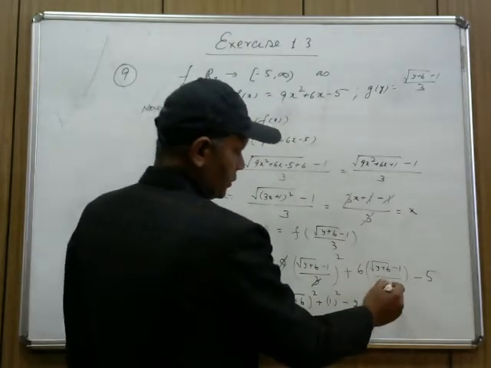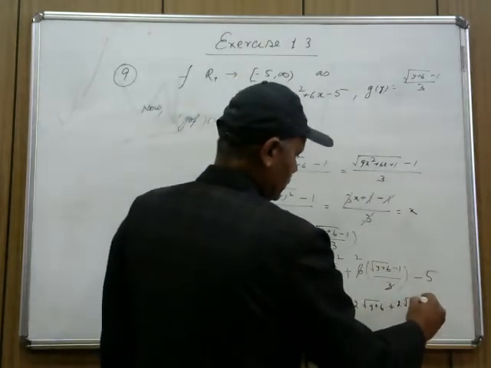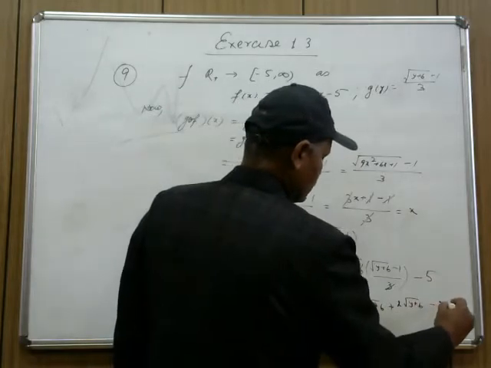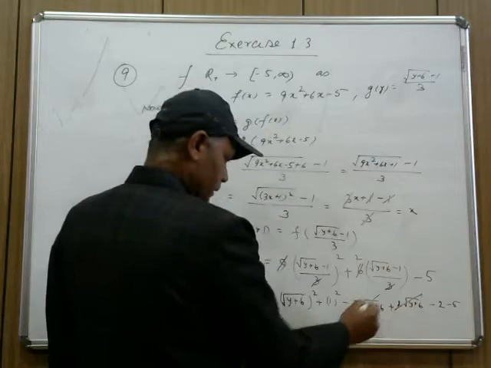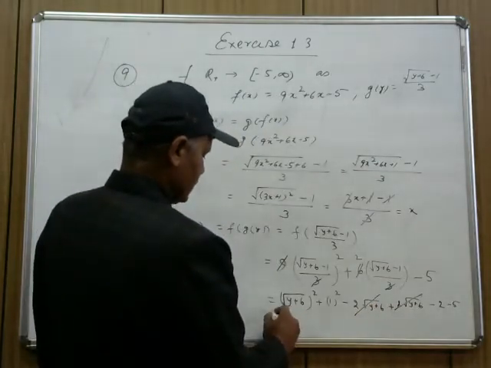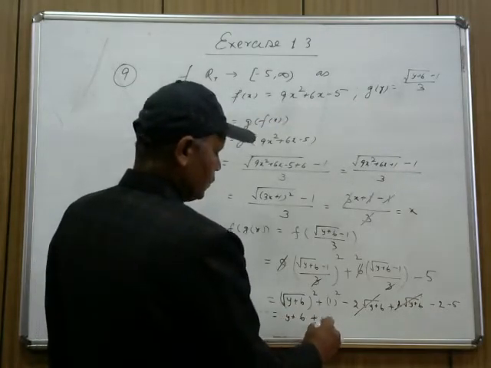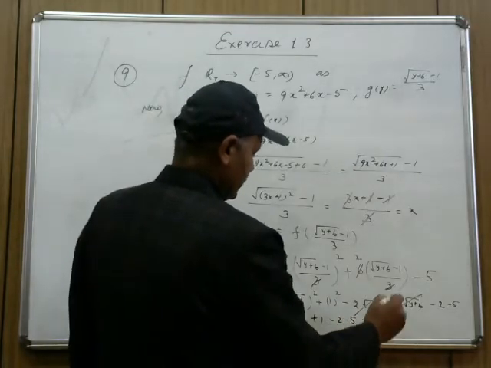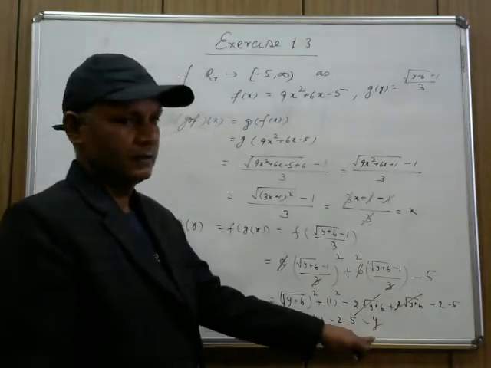Now the second part, 3 times 2 is 6: 2 under root y plus 6 minus 2 minus 5. See now, plus 2 under root y plus 6 and minus 2 under root y plus 6 cancel. Now I'll get y plus 6 plus 1 minus 2 minus 5, and that will give you y. Now see, f of g of y is equal to y, right?